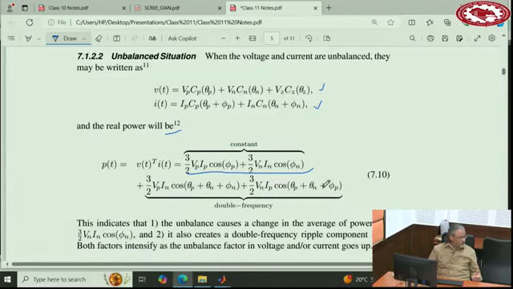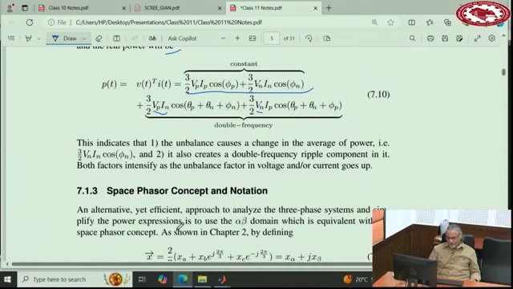So double frequency terms appear when the voltage and current become unbalanced. But the magnitude of that unbalance depends on the negative sequence of the current or negative sequence of the voltage, which should not be huge in the normal operations.